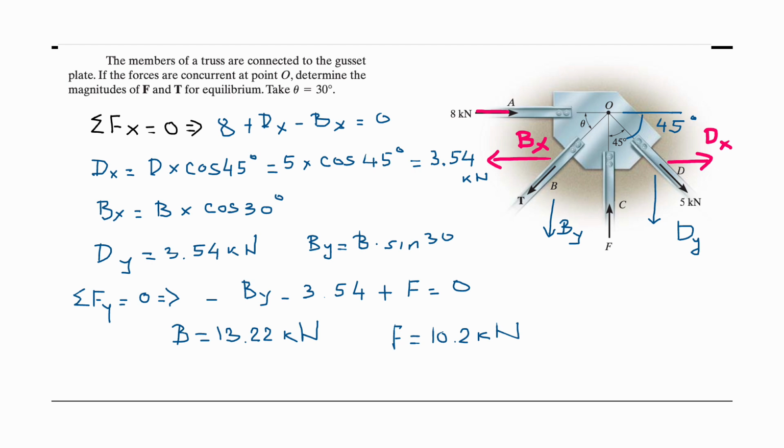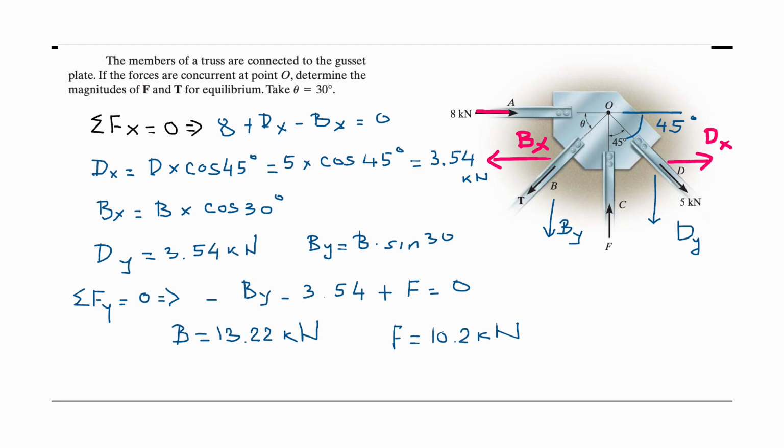Our unknowns will be B and F, and we have two equations of equilibrium. Solving these two equations, we get that B is equal to 13.22 kilonewton, and our force F is equal to 10.2 kilonewton. So B and T are the same. T is equal to 13.22 and F is equal to 10.2.